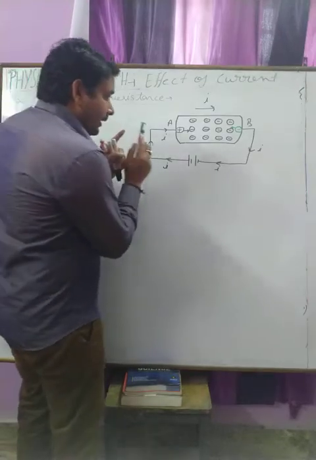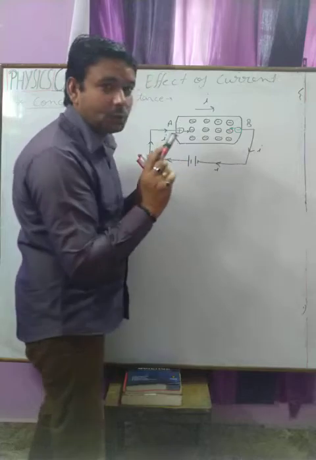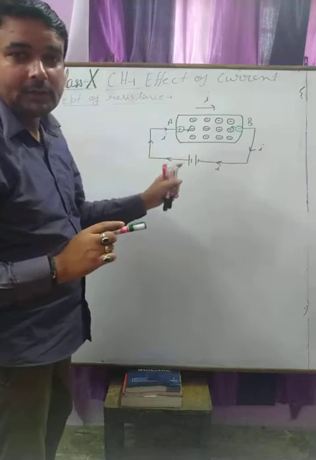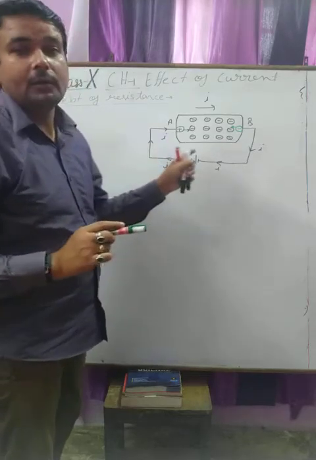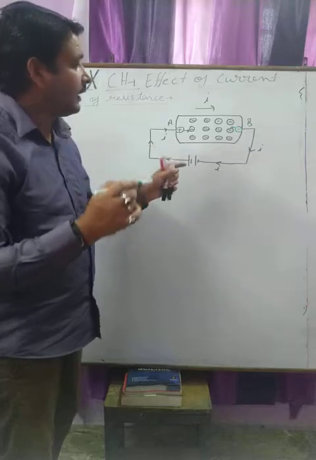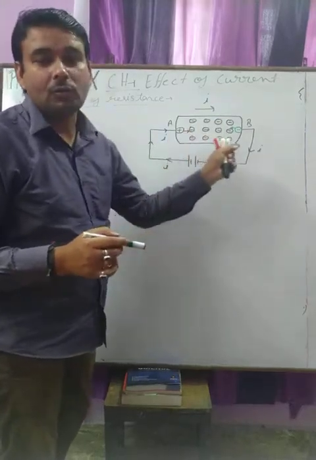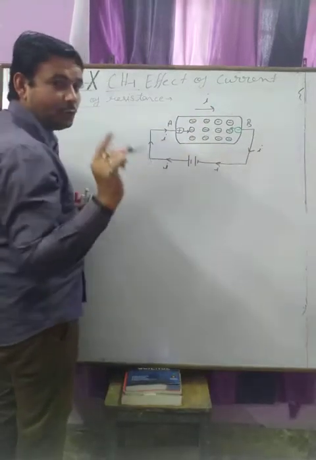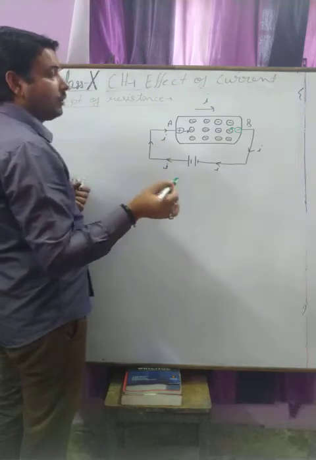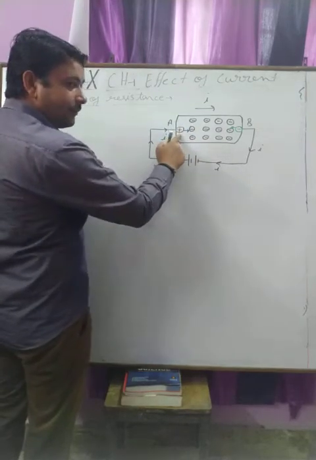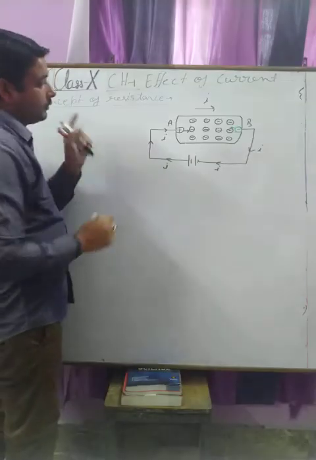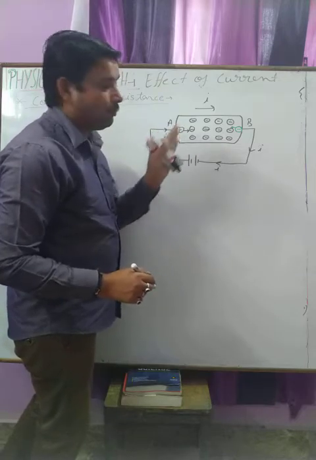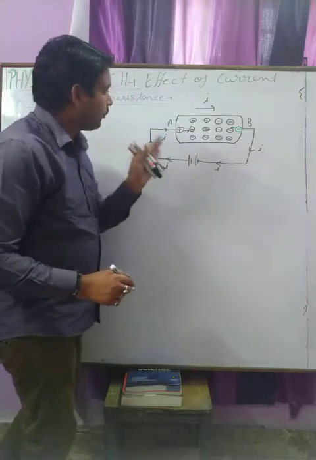This obstruction offered by the conductor in the path of flow of current is called resistance.